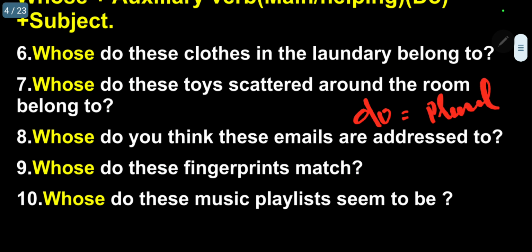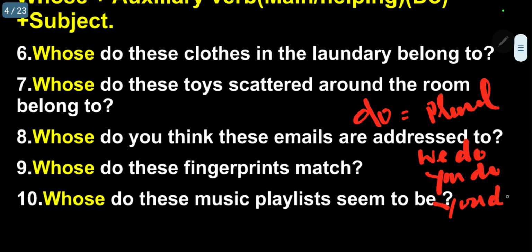In personal pronouns, we do, you do, they do.